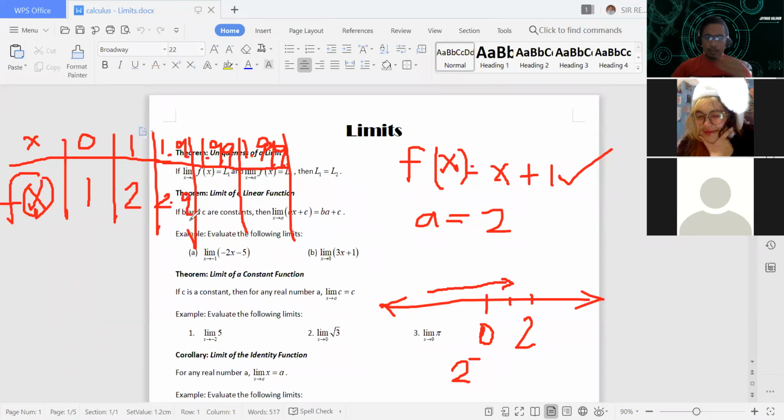Okay. And then if you will use 1.99 in your x, it will be 1.99 plus 1, so it will give us 2.99.